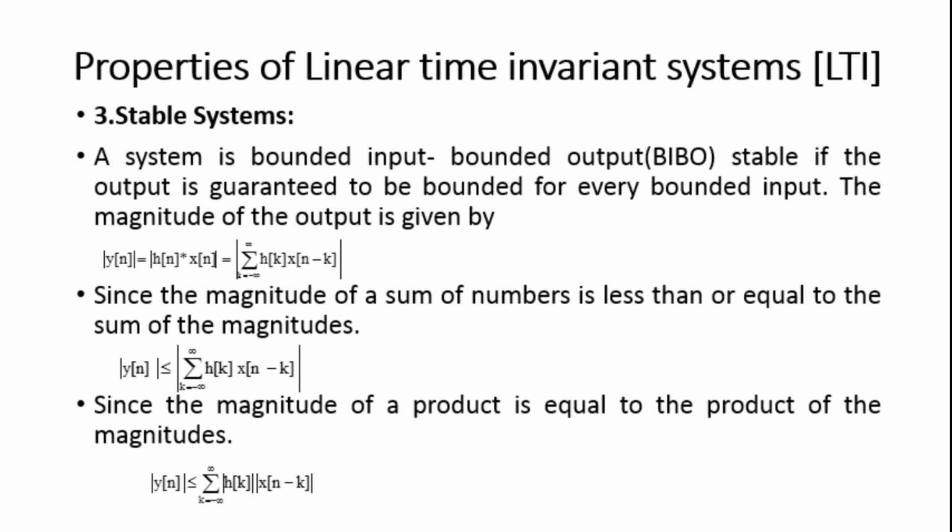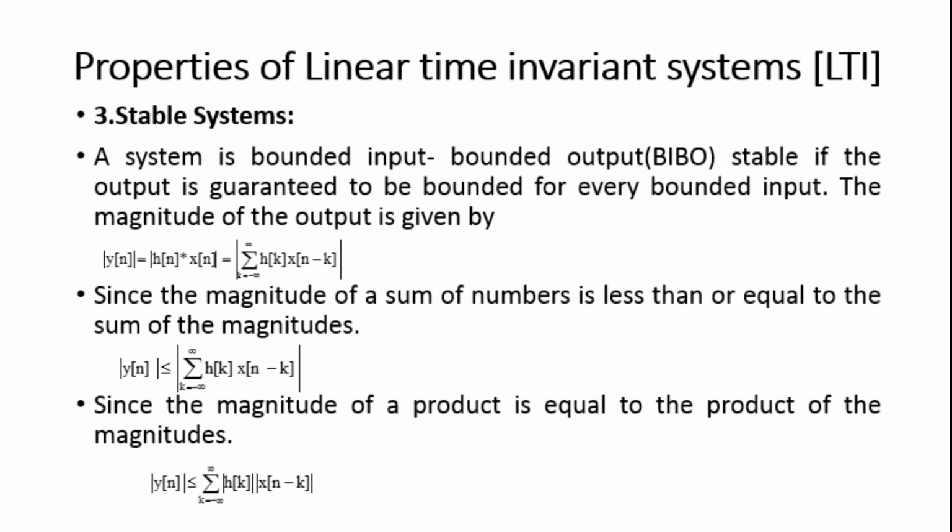Since the magnitude of a sum of numbers is less than or equal to the sum of the magnitudes, |y[n]| is less than or equal to the summation k equals minus infinity to infinity |h[k] x[n minus k]|.